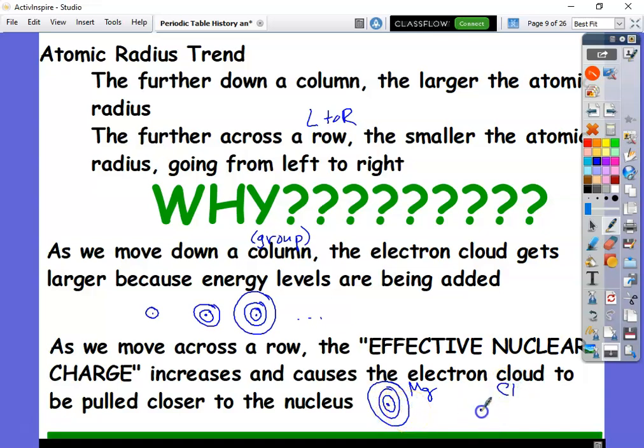My chlorine atom, which is on the far right, still has 3 energy levels of electrons, but it is smaller. And the reason, remember, is because the nuclear charge of chlorine is 17. There are 17 protons in there, whereas the number of protons in magnesium's nucleus is only 12. And so going from left to right, our atoms get smaller.